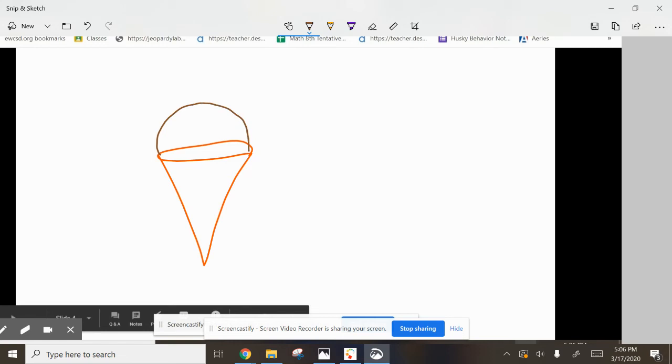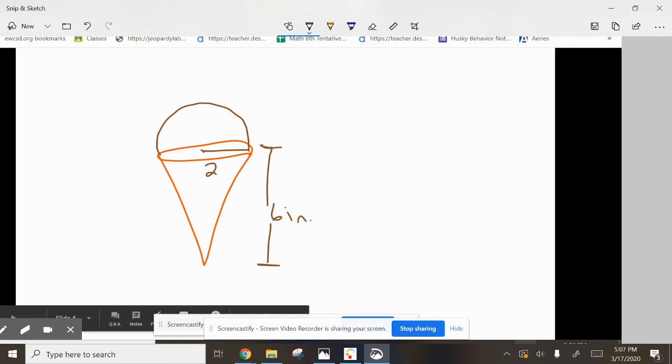Now we're going to find the volume of the whole thing. So if I said here to here is 2 inches. We'll just call it 2. That's 2. And then my height from here to here is 6 inches.